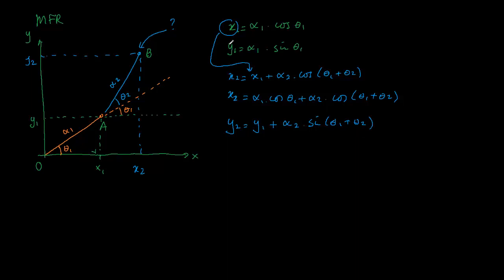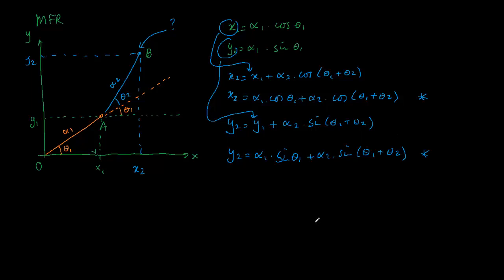Okay, we fill in this y1 over there, and we have y2 equals alpha 1, the length of the first robot arm, times sine theta 1 added to alpha 2 sine of theta 1 added to theta 2. So these are the two equations, this one and that one.